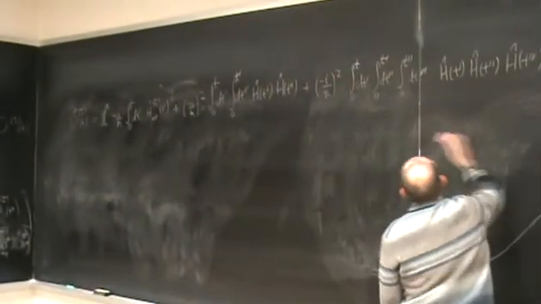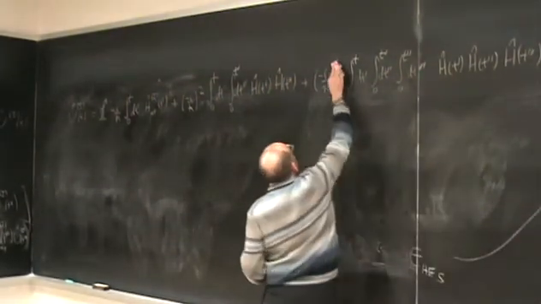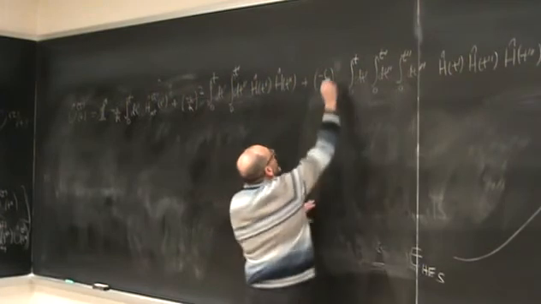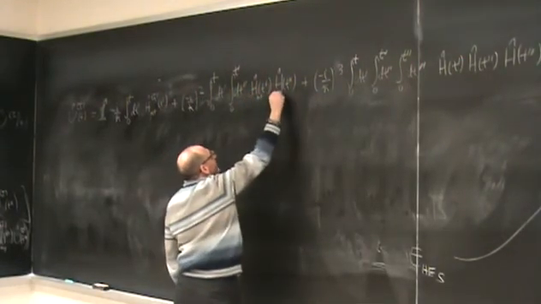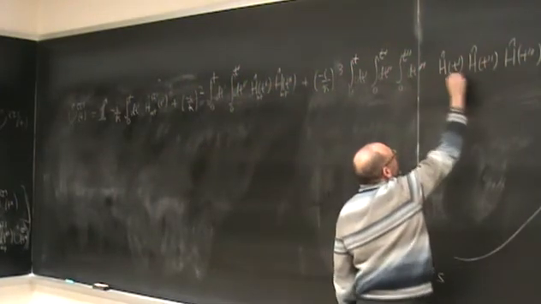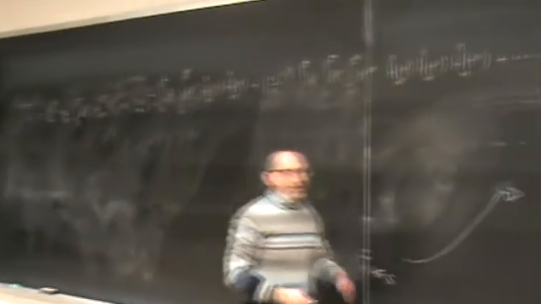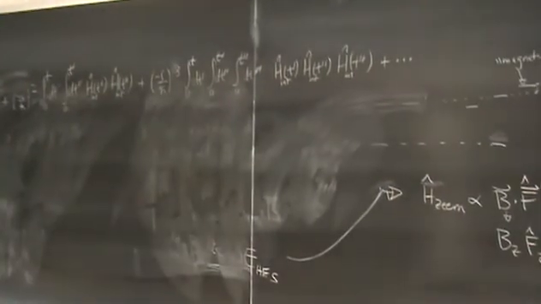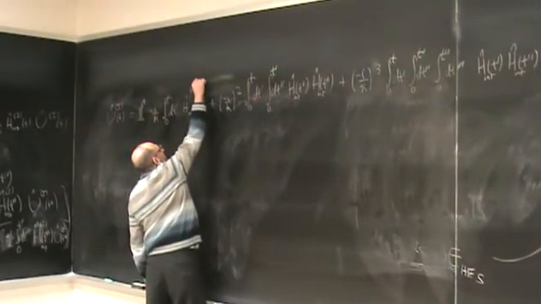And all of these, of course, are the interaction Hamiltonian, and this is all in the interaction picture. I don't want too many decorations on this thing, so just know it's in the interaction picture.